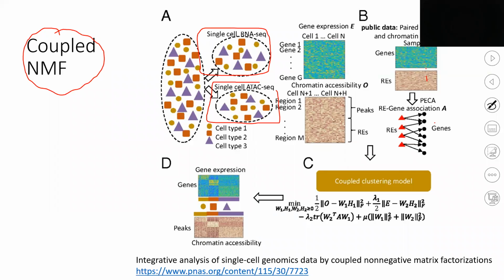Also, it does this jointly. So this is coupled. You have a loss function that considers both gene expression and ATAC-seq at the same time to try to decompose them. It assumes they share these fractions, because they collect those from the same cell population.